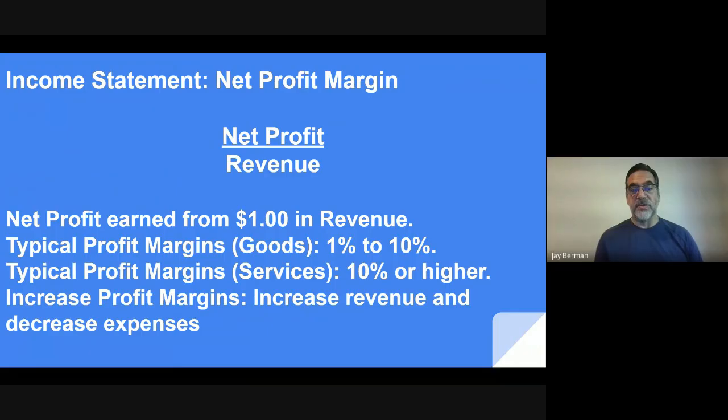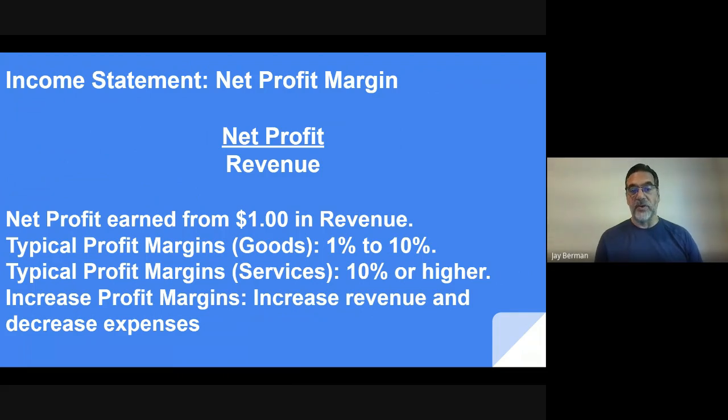Typical profit margins, if you're selling goods, is anywhere from 1 to 10%, which is pretty typical for most retail operations, most retail businesses, because you have to calculate cost of goods sold, which could take up to 50% or more of your revenues.